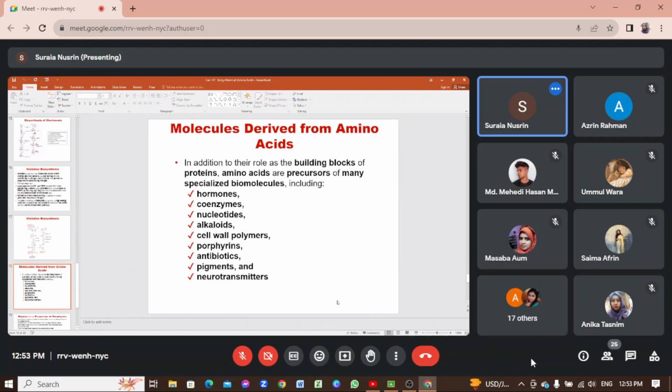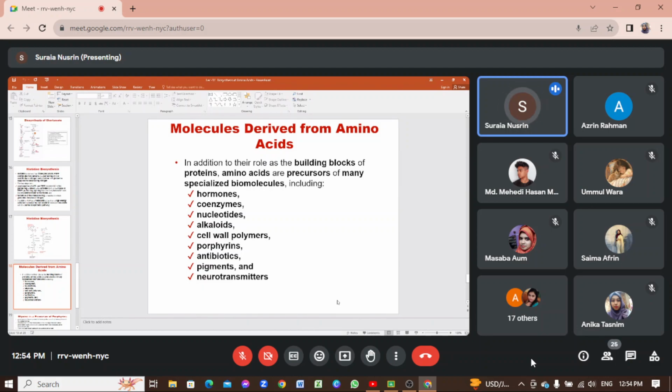If you remember from the protein macromolecule topic, the majority of our body components are made up of proteins, and proteins perform numerous functions in the living organism.